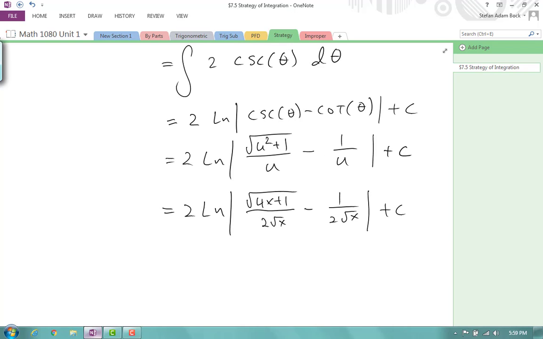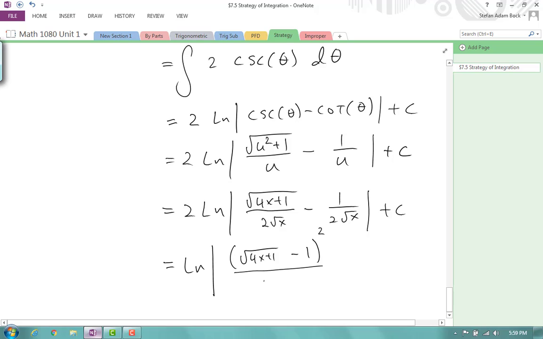So this usually ends up being a lot of work, but if we take this one right here and distribute the 2 that's a coefficient as a power on the inside, we're going to get the natural log of square root of 4x plus 1 minus 1 squared divided by 4x plus c.